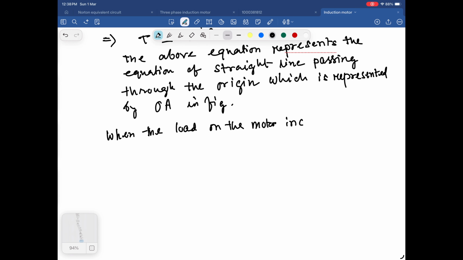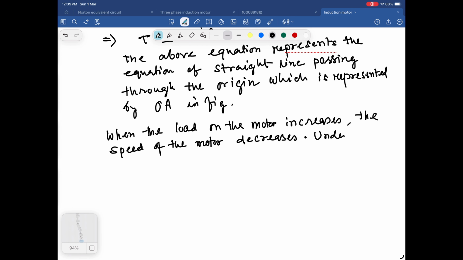Now if the load on the motor increases, what will happen? If the load increases, naturally the speed of the motor will decrease.